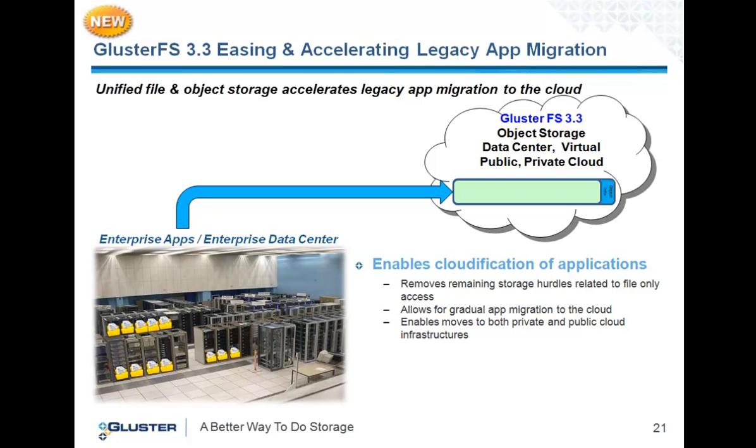Now, what we found there is that customers who've had these POSIX compliant legacy applications are now starting to migrate into the cloud because they can move their applications up there and have NAS support, network attached storage support. And that's one step in the right direction, but there are other legacy applications that would do very well in moving to the cloud and having NAS and also object store capability as well.